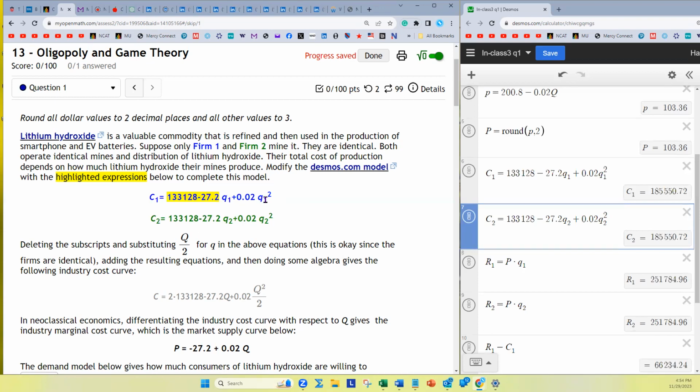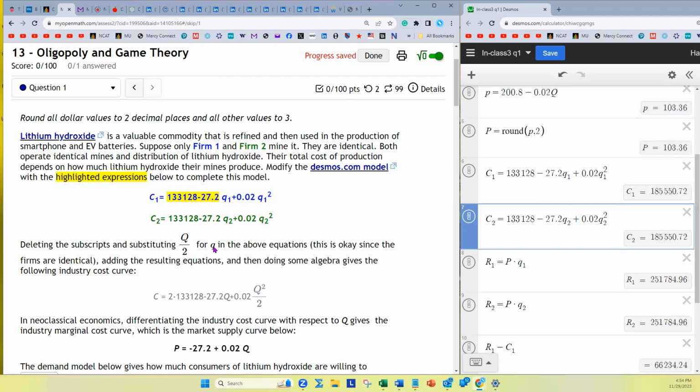Again, the firms are identical, and they're going to behave identically, so you can drop the subscripts on the Q's. Then we're going to replace these Q's with capital Q divided by 2.